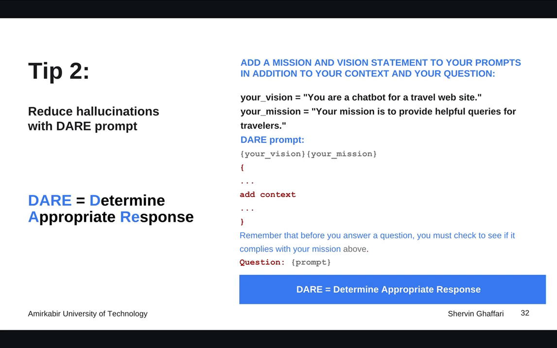Reducing hallucination with the DARE prompt. DARE is an abbreviation of determine appropriate response.